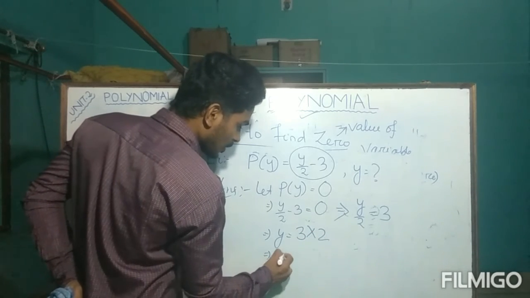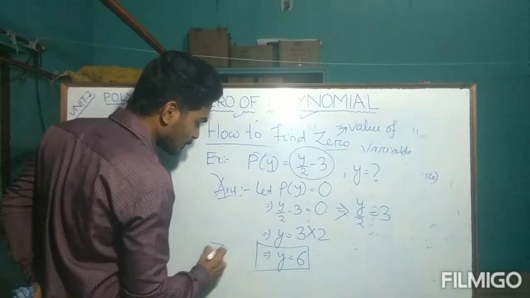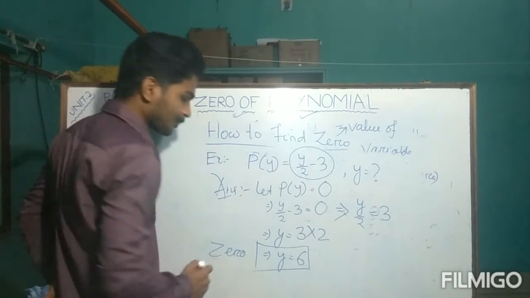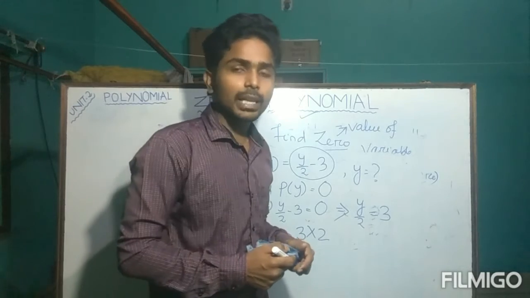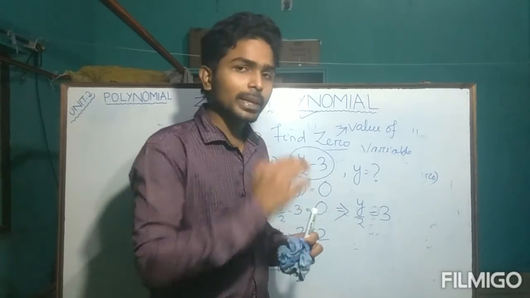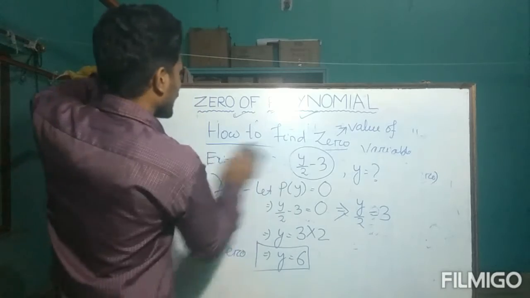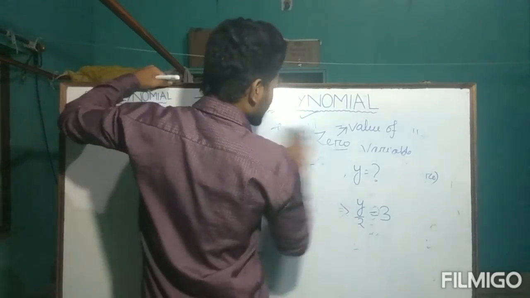So y is equal to how much? 6. This is the value of the 0. Clear? So we can find the value of the variable, or the 0, by simply putting the value of the polynomial to be 0. Okay, so these are the 0 of polynomial concepts.